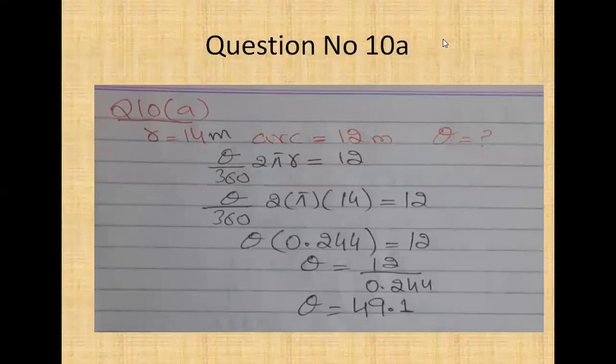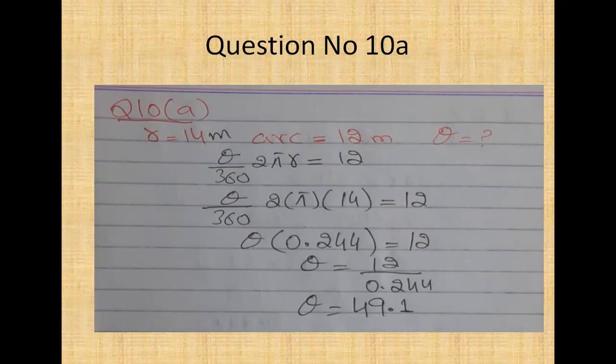Question number 10 and its A part: radius is 14, arc is 12 meter, theta is the question. And we know the formula for the arc is theta by 360 times 2 pi r equals 12. So it will be theta by 360 into 2 into pi into 14 equals 12. When you divide 2 multiplied by pi multiplied by 14 by 360, it gives you 0.244.